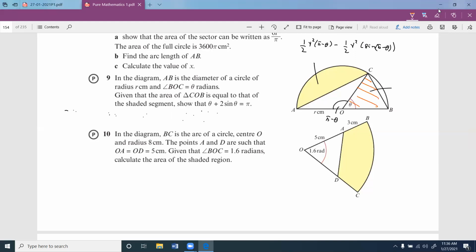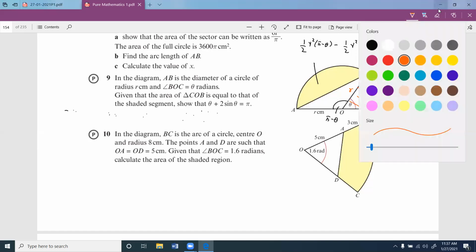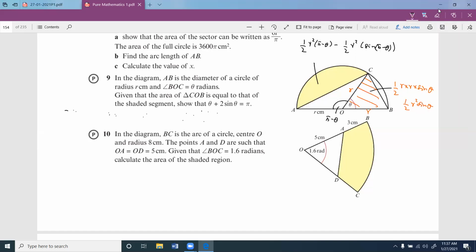So you can say if this length is r and this one also r, so this turns into half r into r sine theta. Right. Okay, that is half r squared sine theta. It's a triangle. So that is what you have to equate with it. I just made a mistake here. So it turns up this way: half r squared (pi minus theta) minus half r squared sine theta is equal to half r squared sine theta.